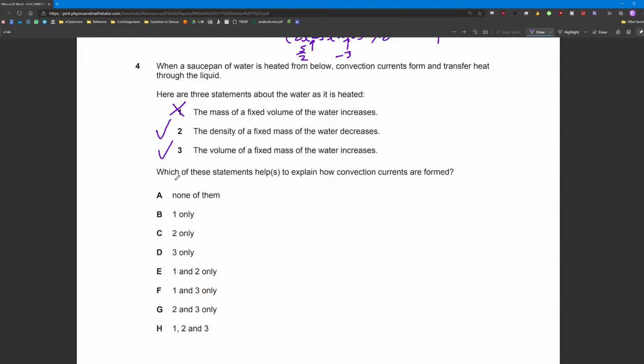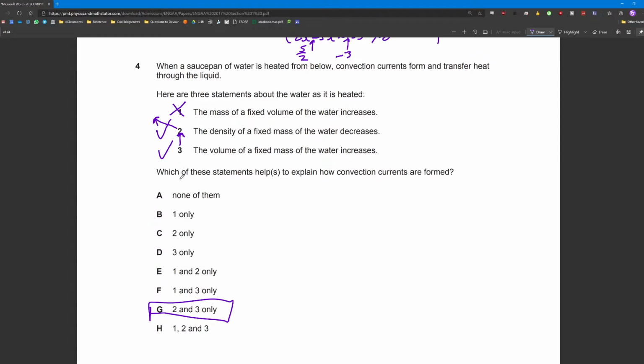So which of these statements help explain how convection currents are formed? I would argue that both 2 and 3 explain how convection currents are formed, because 3 is a step in explaining 2, and 2 directly explains the effect because it means the fluid pressure is less when the density of the fixed mass of the water is less.